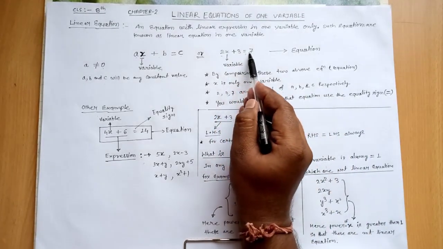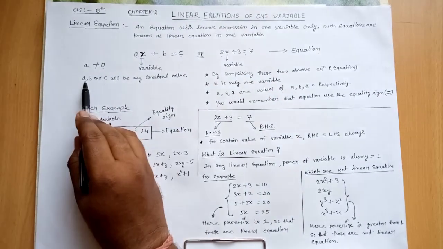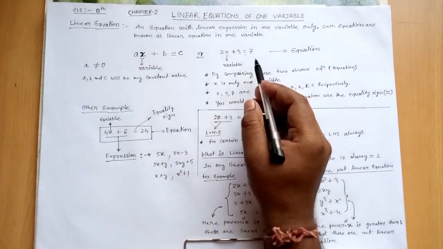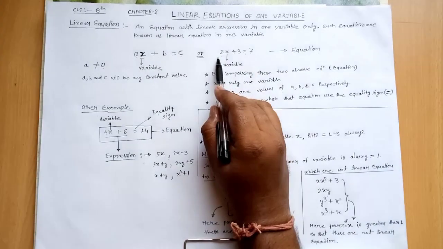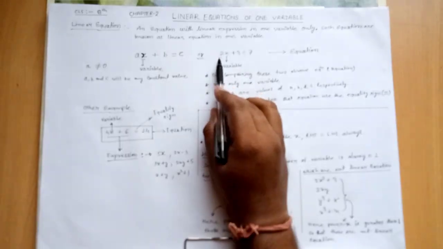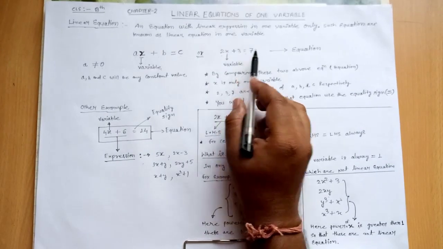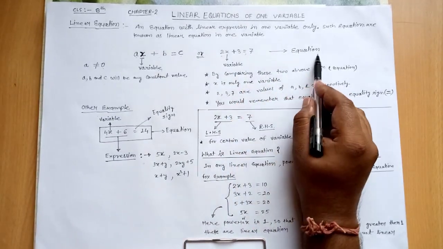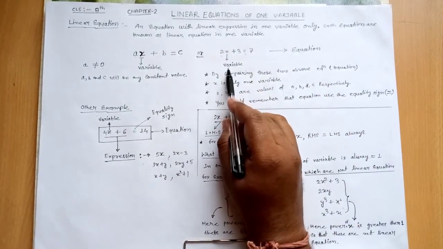Hence, this whole representation, this expression, we call an equation. This complete term we call an equation, where only one variable is present.